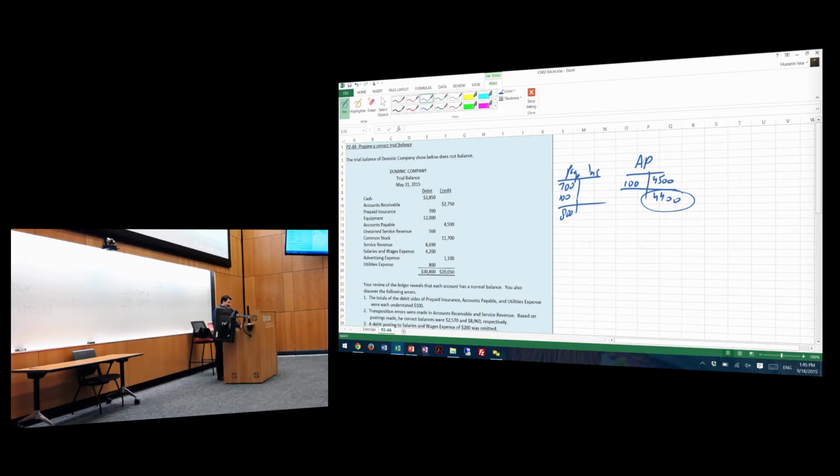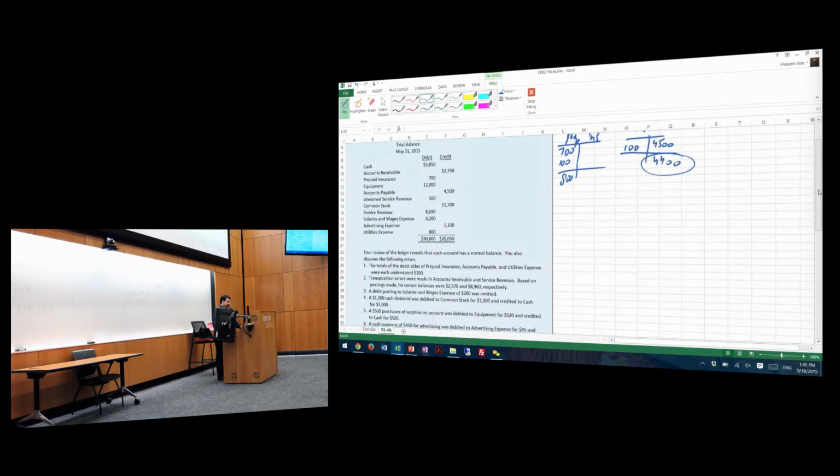Okay. Now, when you look at corrections like number 4 here, what does it say? A $1,000 cash dividend was debited to common stock for 1,000 and credited to cash for 1,000. Now, what's the correct journal entry for $1,000 cash dividend? As far as we are concerned, this is the correct transaction.